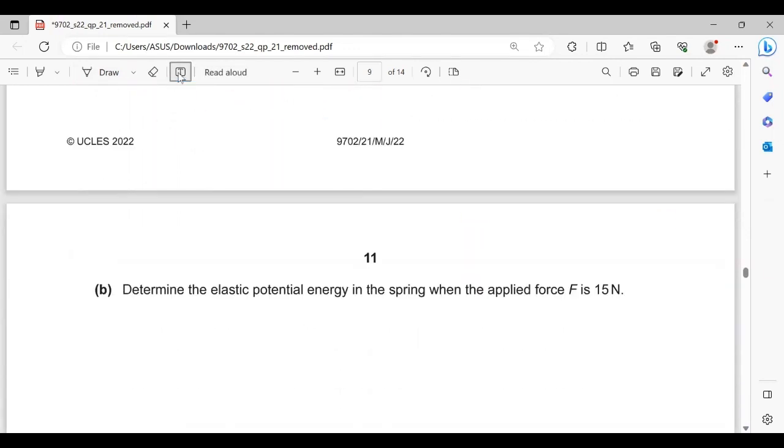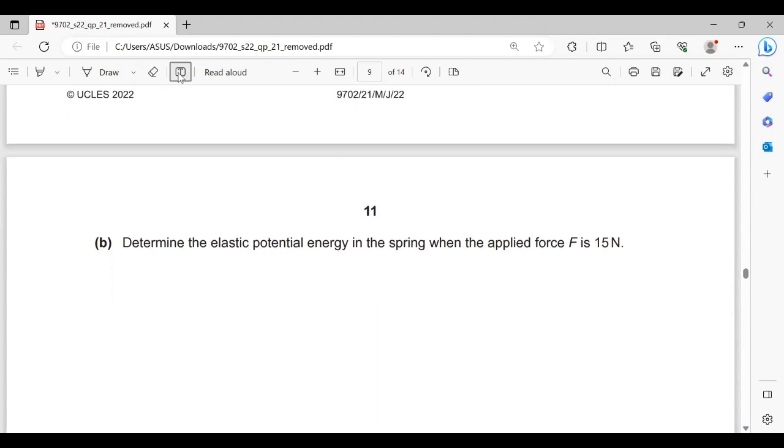Next, determine the elastic potential energy in the spring when the applied force is 15 newtons. It means we have to apply this formula.